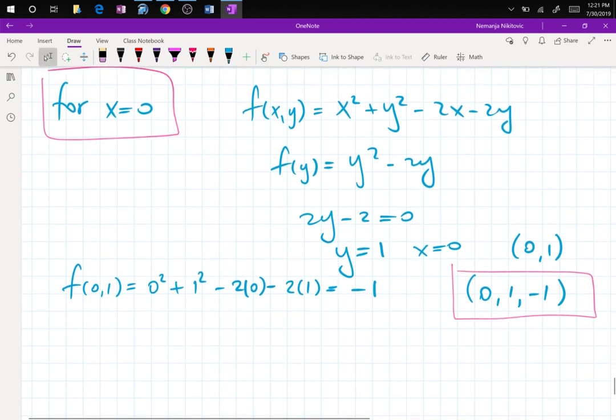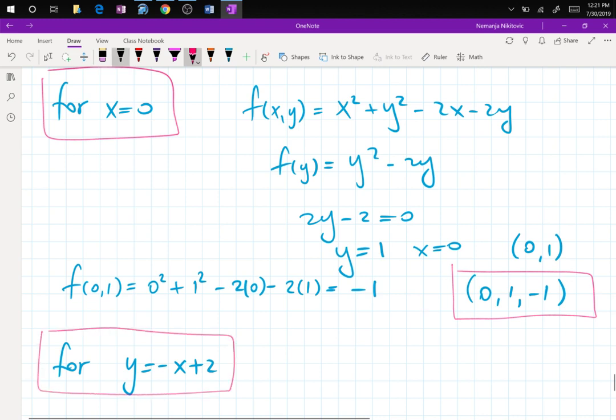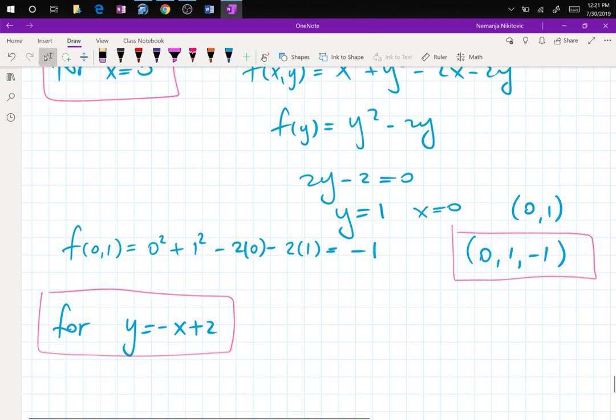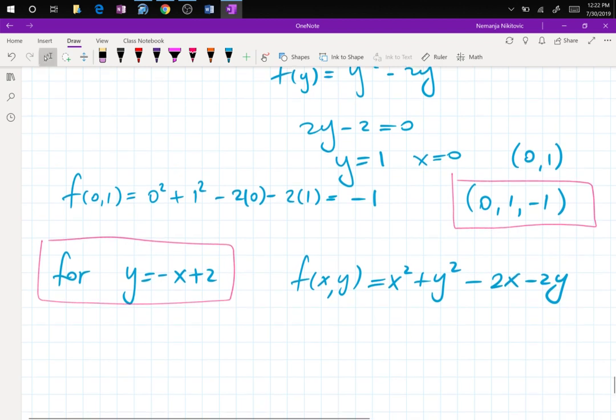Final part here, for y equals negative x plus 2. So that's going to be along that cross line. And that's, remember, our main method detected the maximum there, right? Now this one is going to have some calculation because our f of x y is x squared plus y squared minus 2x minus 2y. We need to plug in this value. Since you are getting rid of all the y's, you are only getting a function of x.